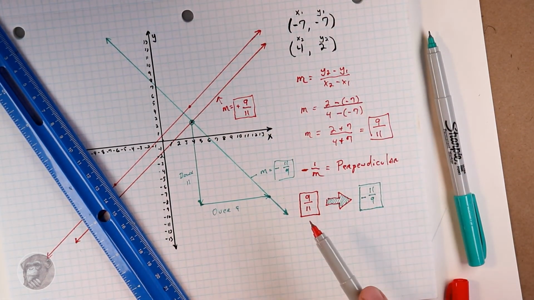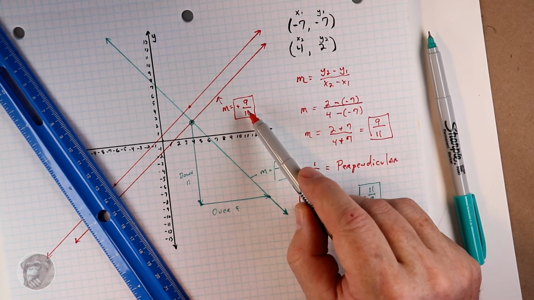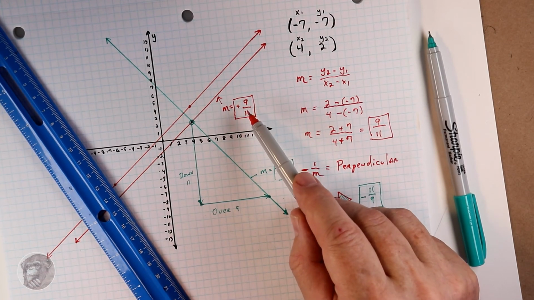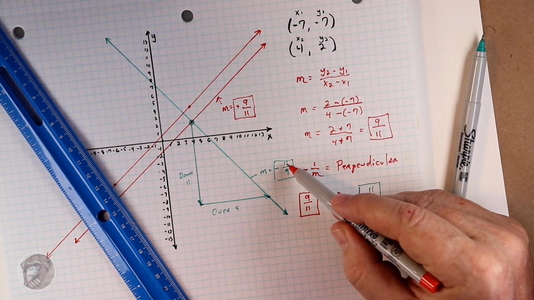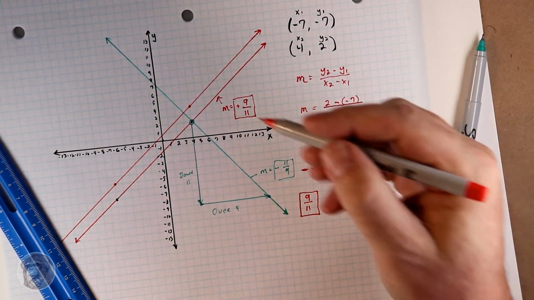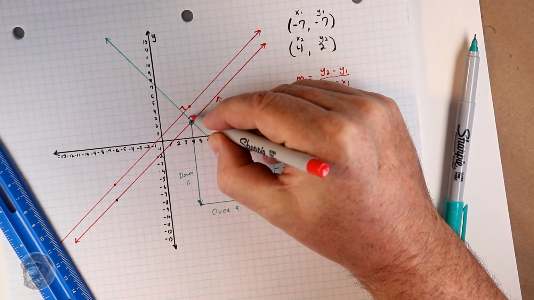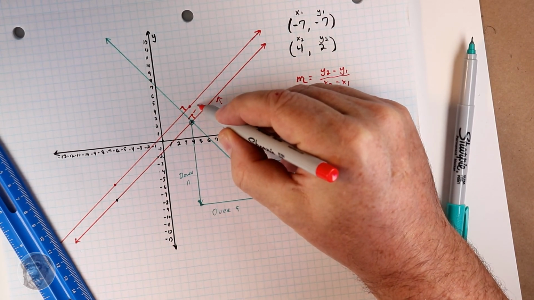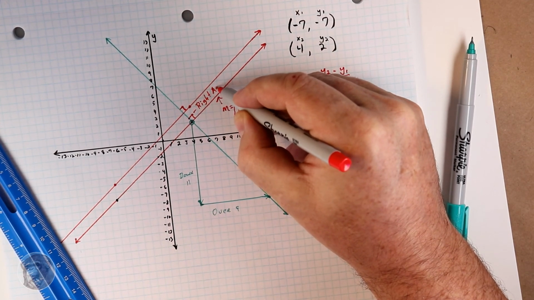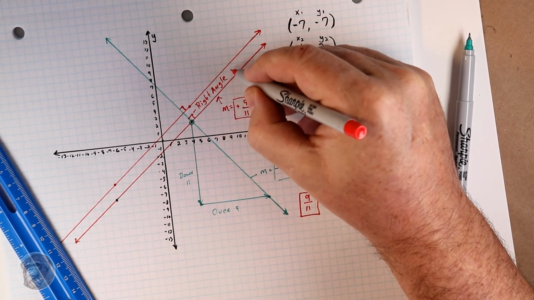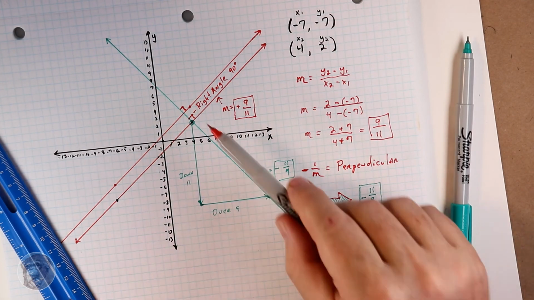So we went from a positive slope of 9/11 to its negative reciprocal, -11/9. The way you can really check to see if you did it right is where they intersect with the original line, this should be a right angle, a 90-degree angle. I know that you guys have encountered that in your earlier math. That's a 90-degree angle, and that's how you know that it's perpendicular. So it hits it at 90 degrees.